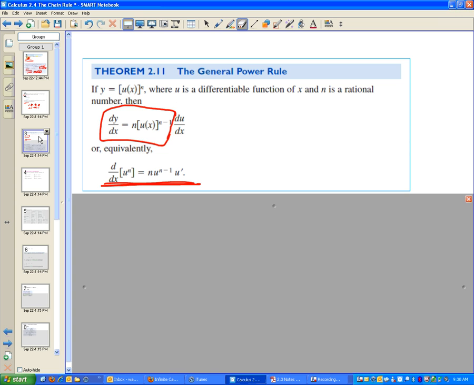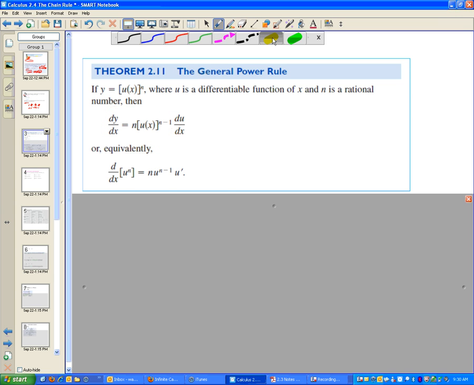And it's a special case that we use a lot. So the easiest way to memorize the general power rule is like this. The derivative of u to the n equals n times u to the n minus 1 times the derivative of u.